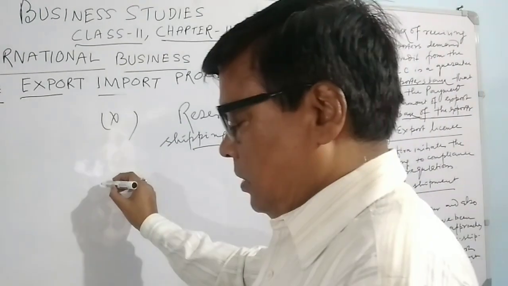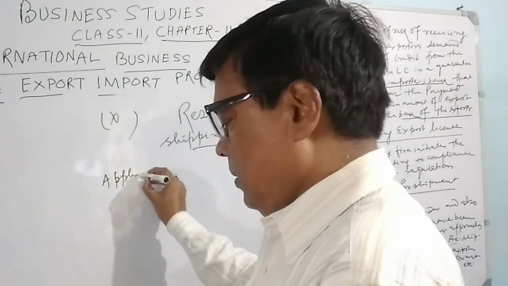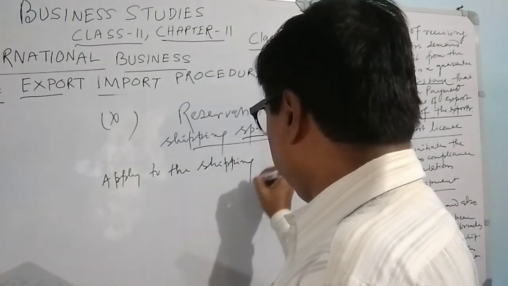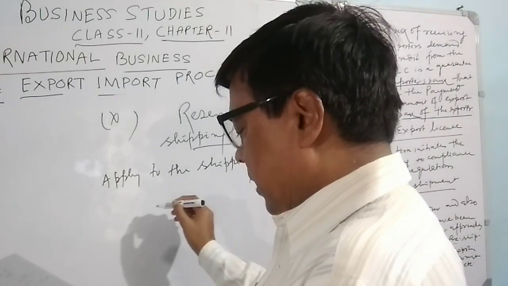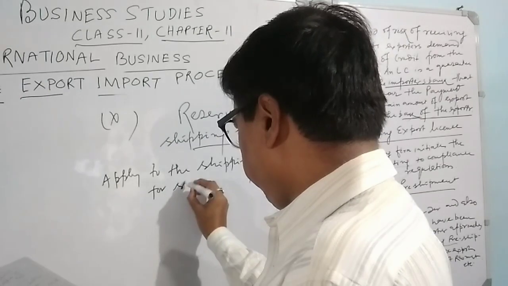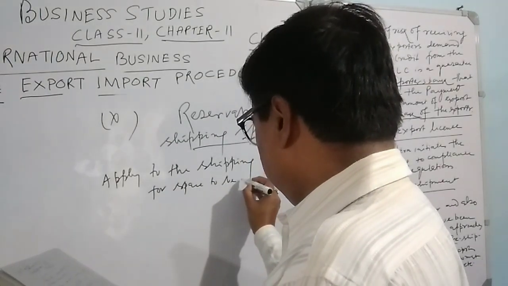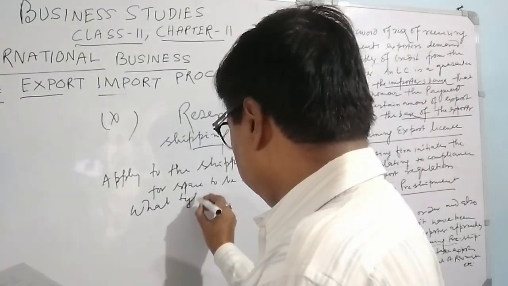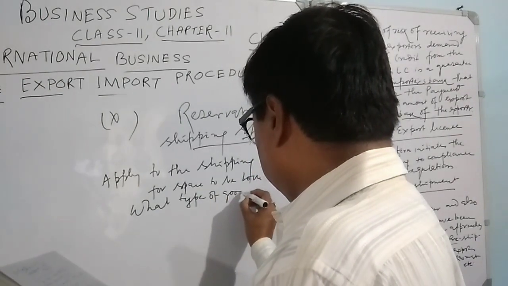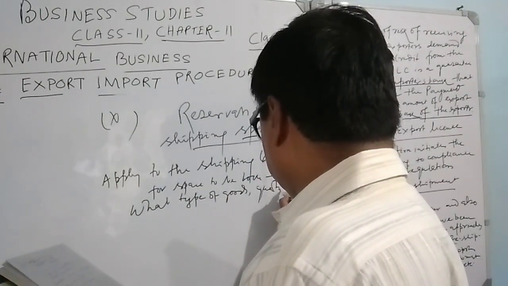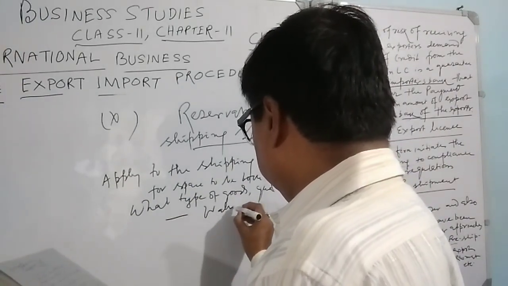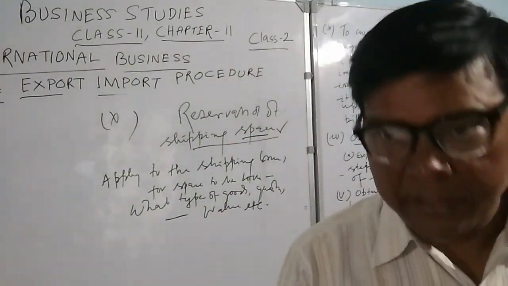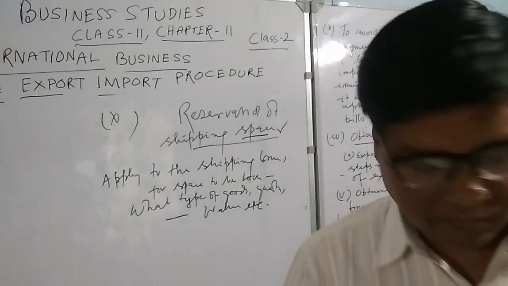For that purpose, you have to apply to the shipping company for the space to be booked, mentioning what type of goods, quantity, value, etc. So that is the formality to be complied with at that stage.